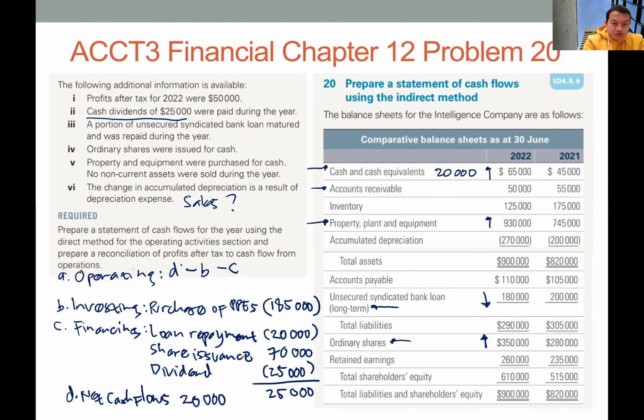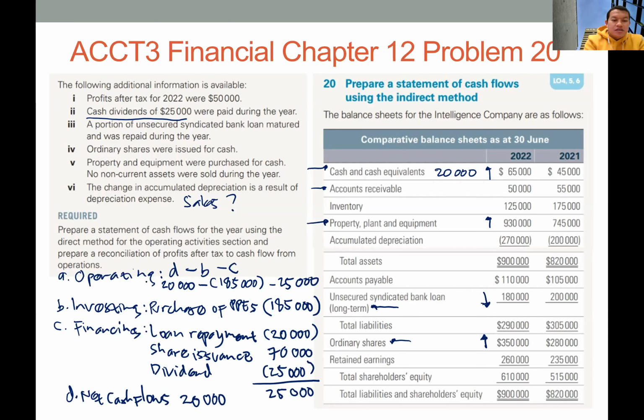Okay, so 20,000 minus 185. It's basically minus minus, so it becomes plus. And minus C is 25,000.